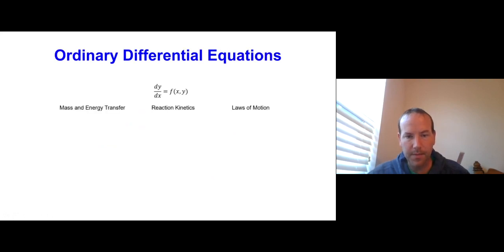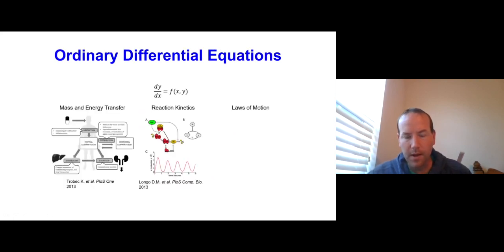Now, it's helpful to know that there's a reason why we study differential equations, and the reason is that they get used incredibly often across a variety of different fields. It's used in chemical transport for looking at, say, transfer of chemicals from one compartment in your body to the next.